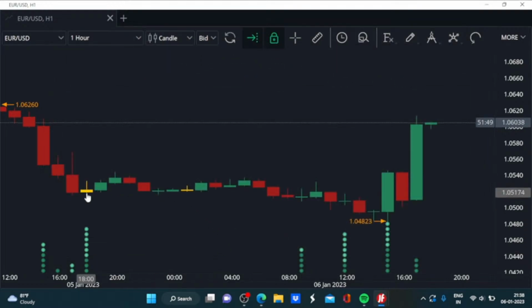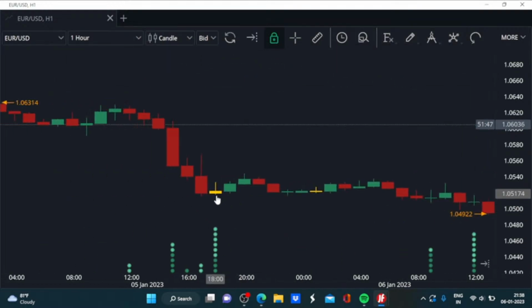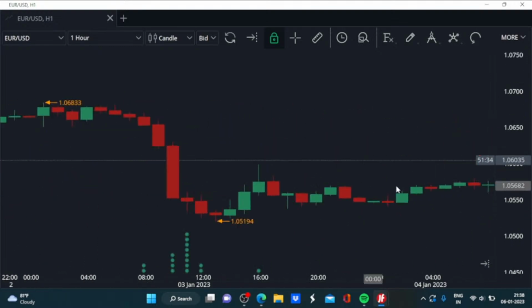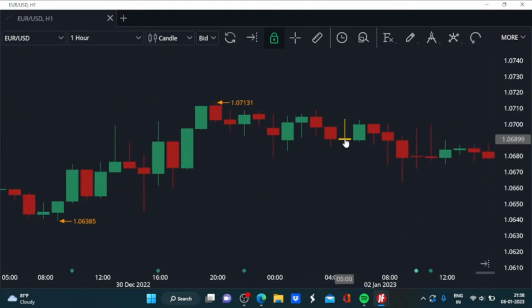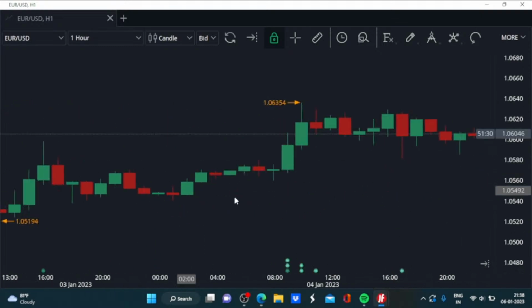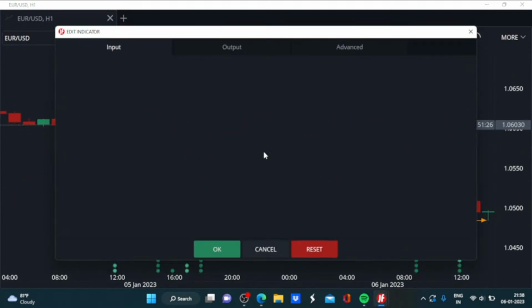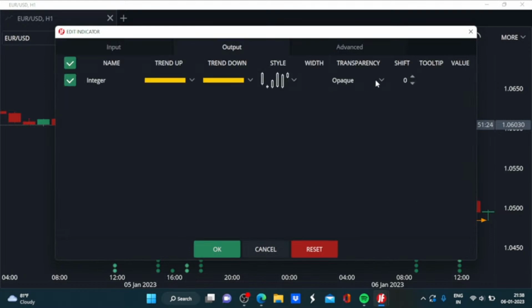So now we have three color combinations being used for our candlestick pattern: the red for bearish, green for bullish, and we have this newly minted yellowish candle which is representing the gravestone doji candle. The transparency can also be increased or decreased.